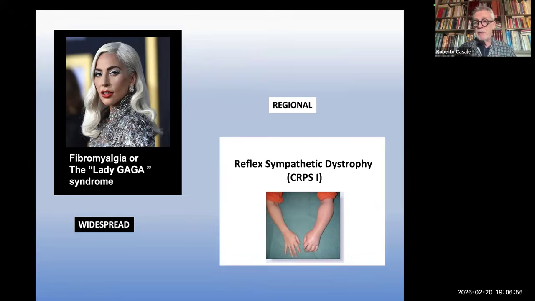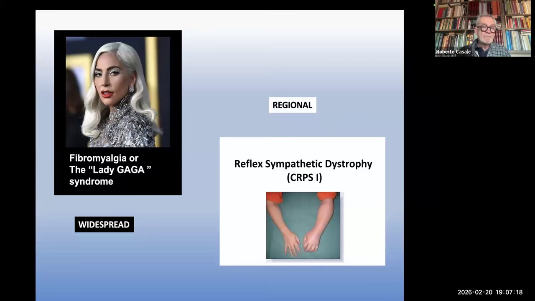But as you may feel, we have two conditions very difficult to diagnose, in which we don't have any pathognomonic signs, but in one case we have a widespread pain, and in the other case a regional pain.